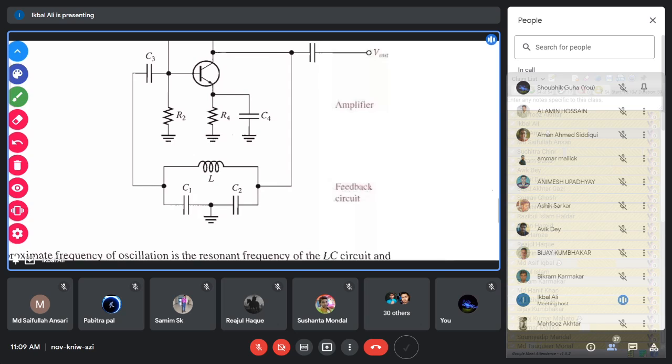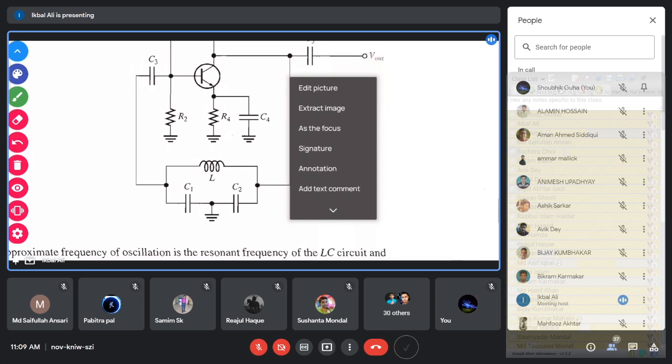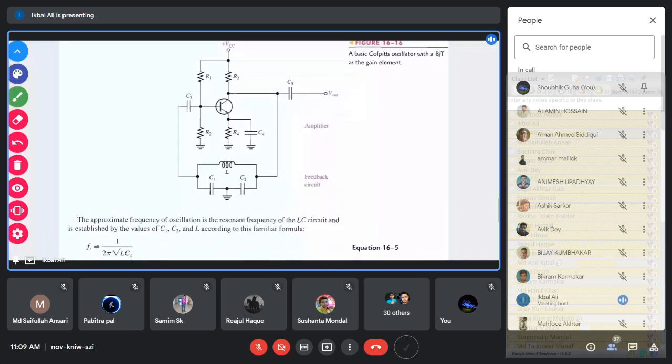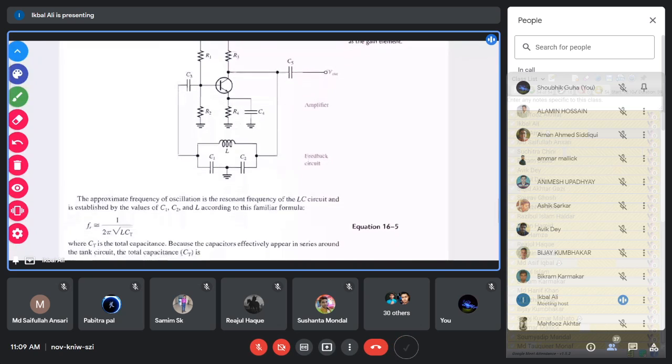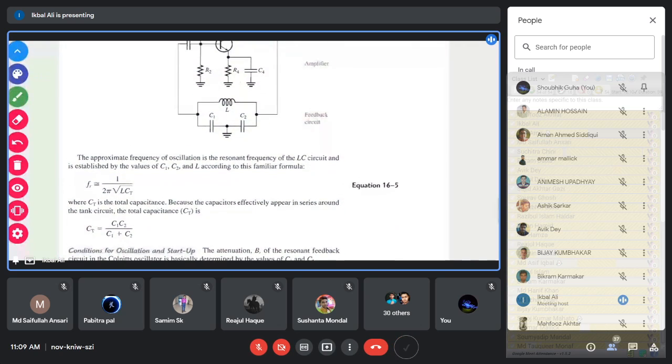If you design for a particular value of frequency, when you run the circuit it can change to another value, and during operation it can also change. This is because the C1 and C2 capacitances are connected to the ground, and so they are affected by the junction capacitances of the transistor, which changes the frequency of oscillation. That is why this oscillator is not a stable oscillator.